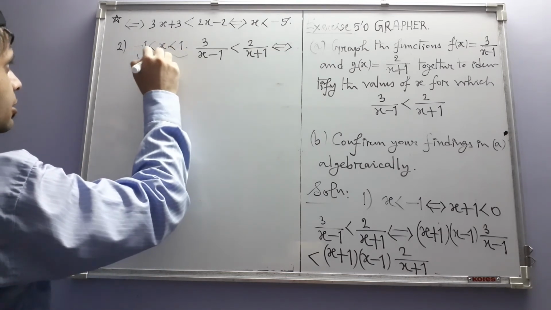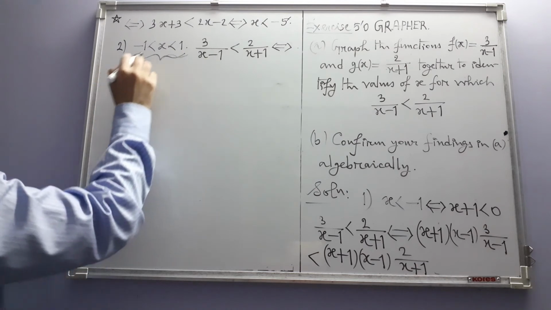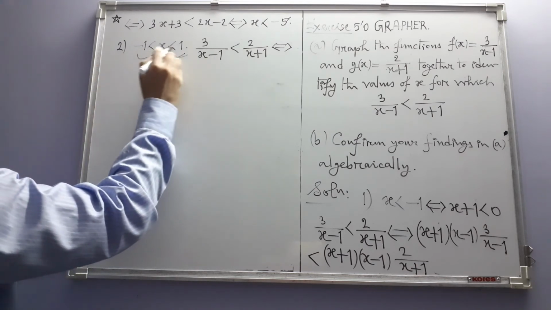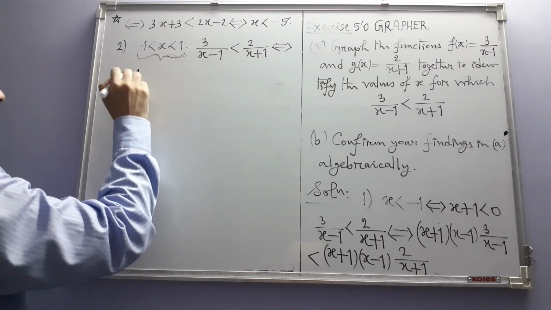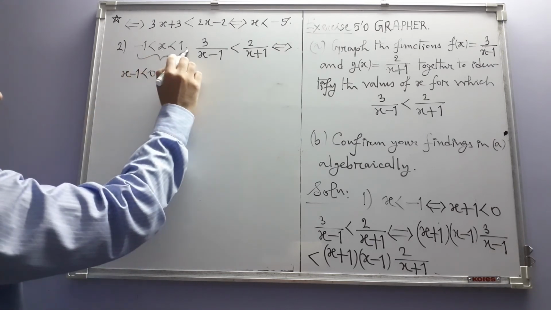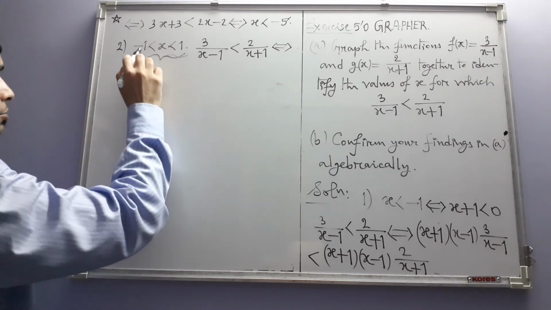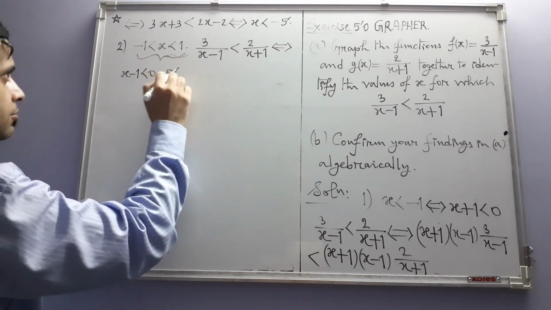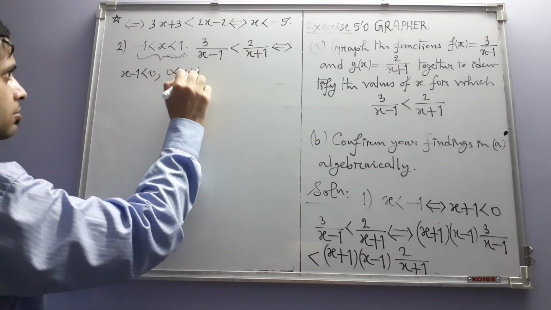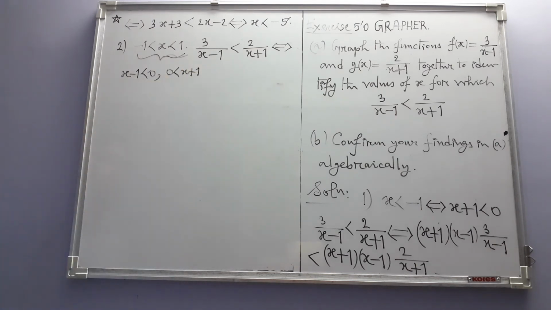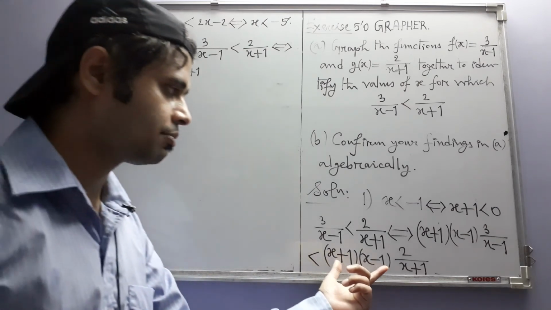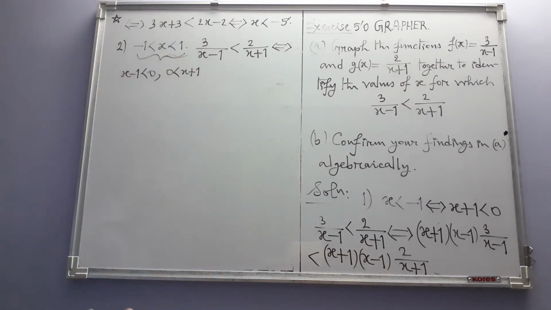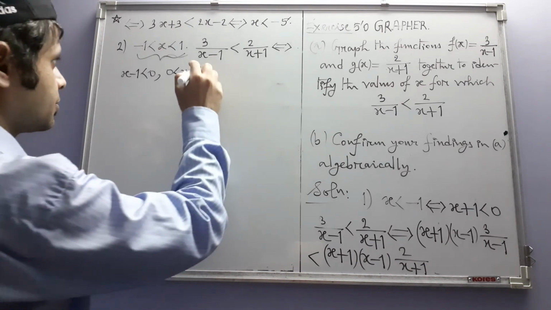From these inequalities we can directly infer that x minus 1 is less than 0 from the second inequality, and from the first inequality we get this. So one of them is negative, the other is positive, so the product will be negative. This time the inequality will get reversed.